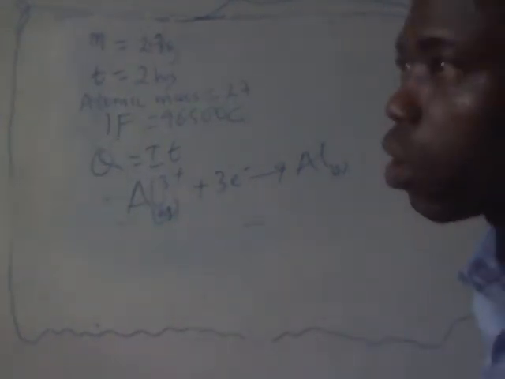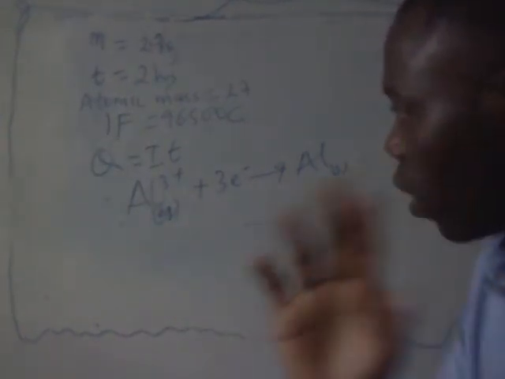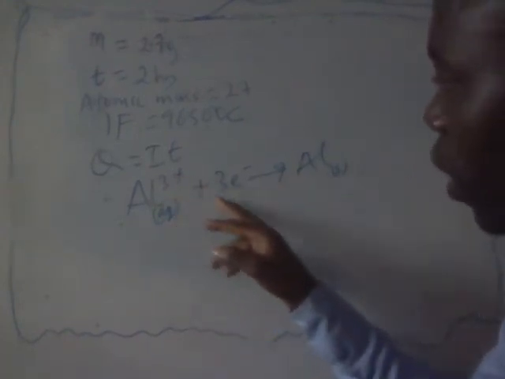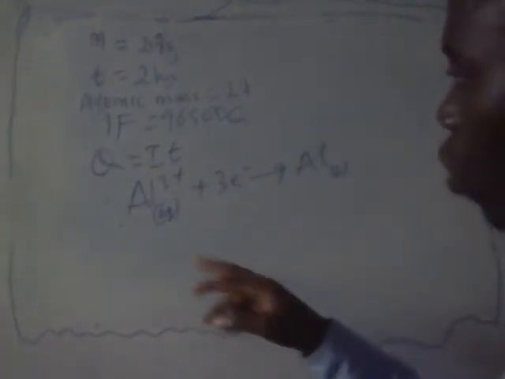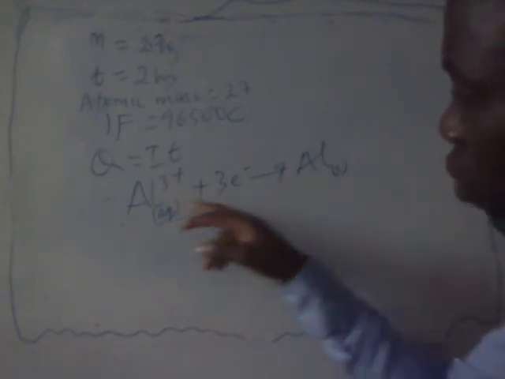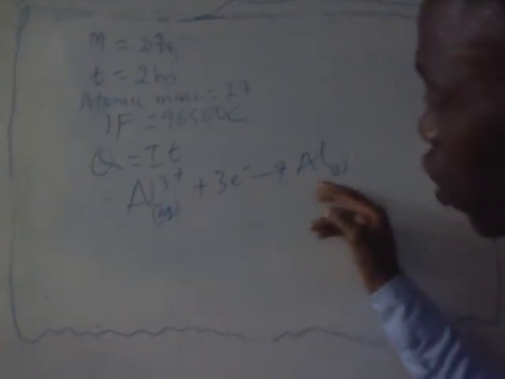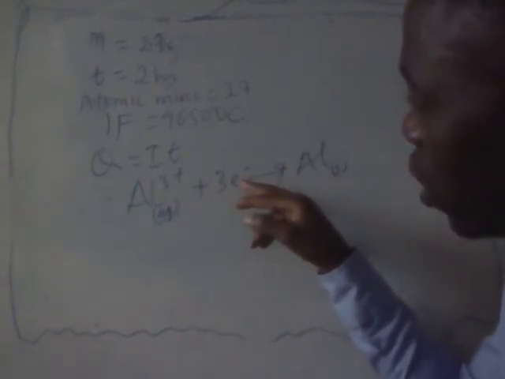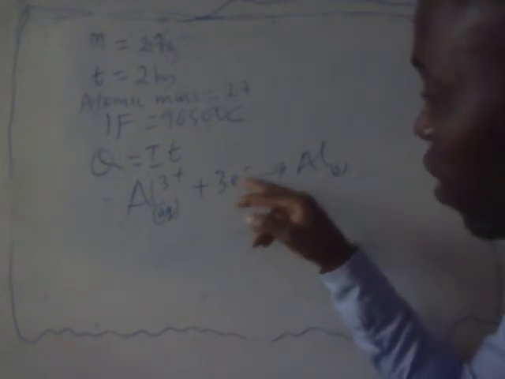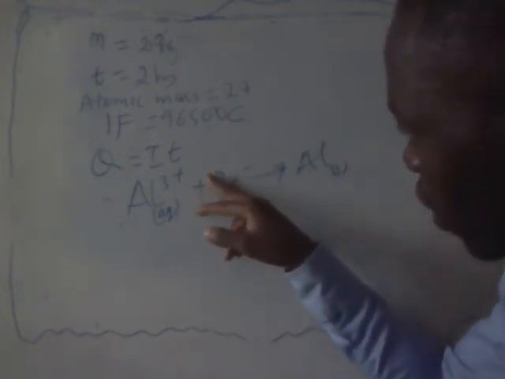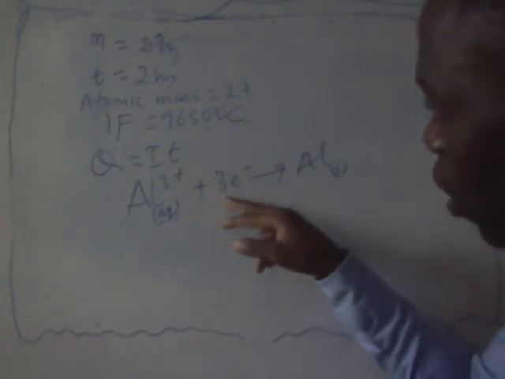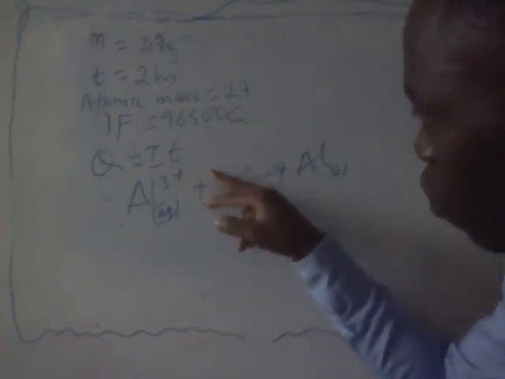So 3 minus 3, that's 0. When you write the cathodic half-cell reaction, the number of moles of electrons is 3. So you are going to use this 3 as one of the hints to solve.